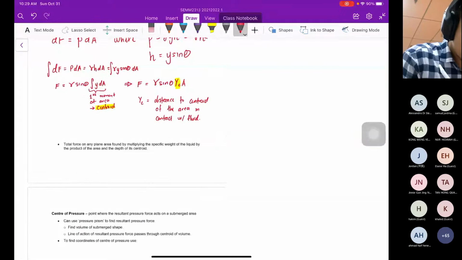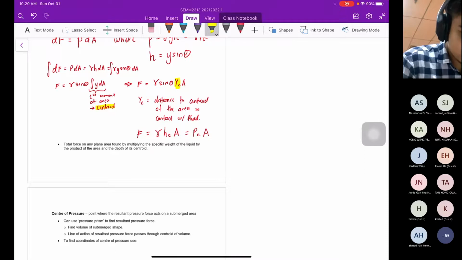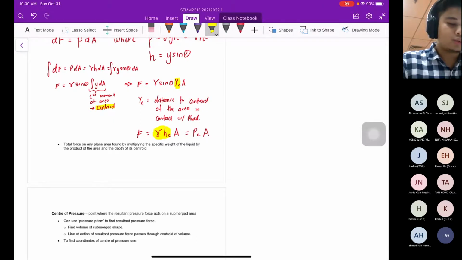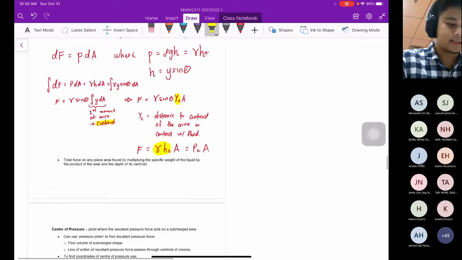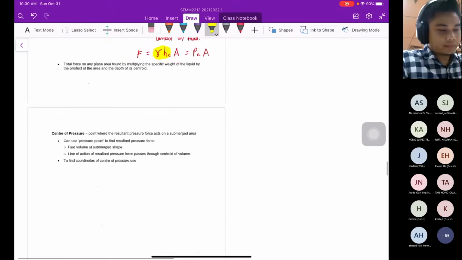So I want to replace this one, YC sine theta, we can be F equal to gamma HC A. Or PCA. Because pressure equal to gamma times HC. Okay, basically this is the final equation in order to find the resultant force acting on the plane surface.